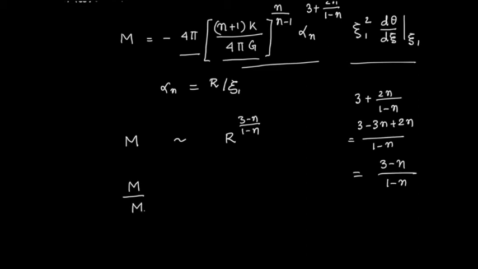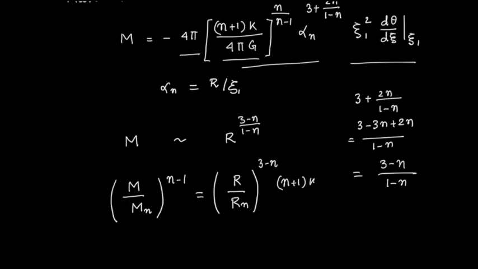M by mn, let me write and then it will be clear why I am writing it this way, to the power n minus 1 is equal to r by rn to the power 3 minus n into n plus 1 times k by 4 pi g.